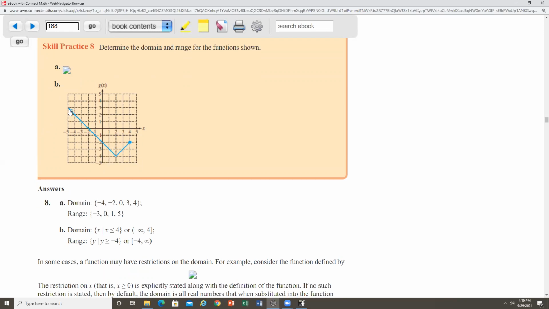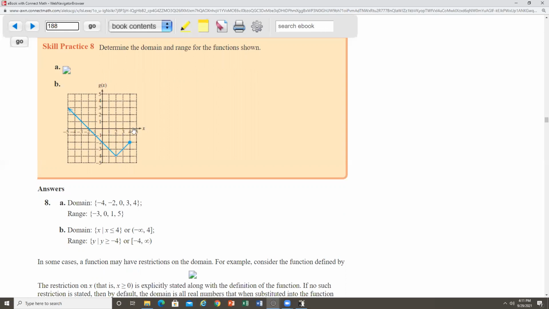Well, this graph goes to the left forever, does it not? So the smallest value in the domain is negative infinity, up to what's the largest x coordinate found for any point on this graph? 4. Positive 4. So the domain would be open parenthesis, negative infinity, up to 4. That's the domain of this function.